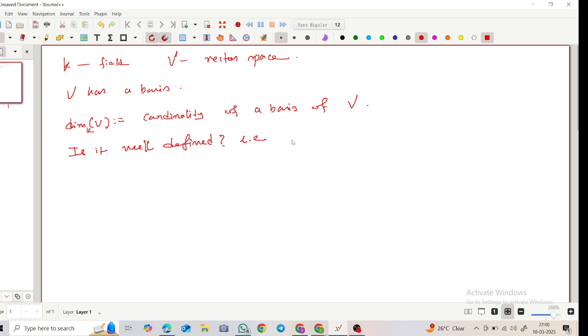That is, we have to show that any two bases of V have the same cardinality.